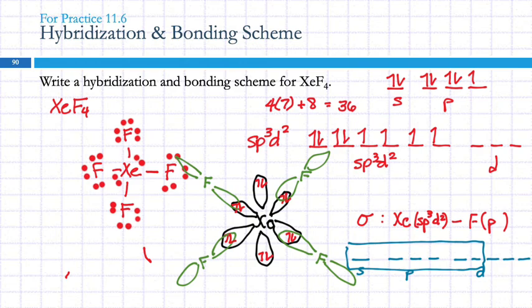Nothing. They are still sitting there empty just like they were before. So on the worksheet, if you have d orbitals in your hybrid orbitals, I'd like to see the unhybridized ones just sitting there empty and minding their own business. Any questions?